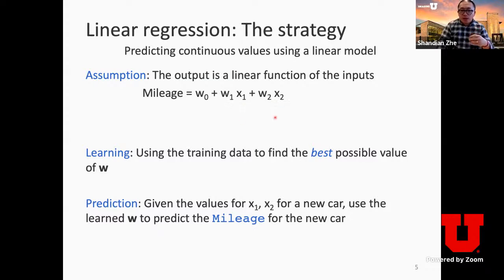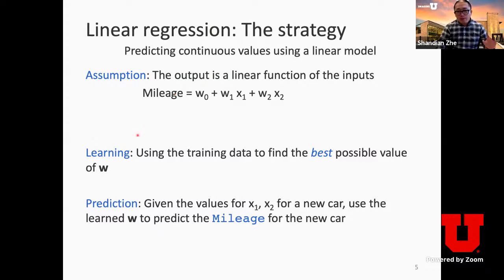So you can see we have exactly the same functional form as the classification function in linear classifiers. But now we do not take the sign, because our output is a continuous value. We do not need to look at the sign, we just look at the output value. So this is our key assumption about the linear regression model.